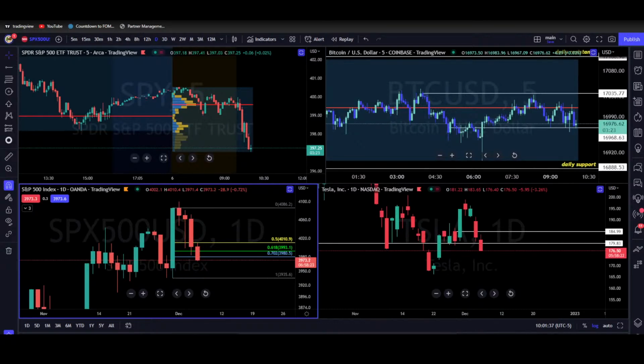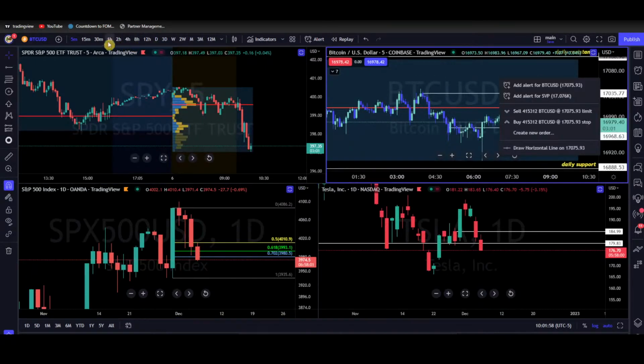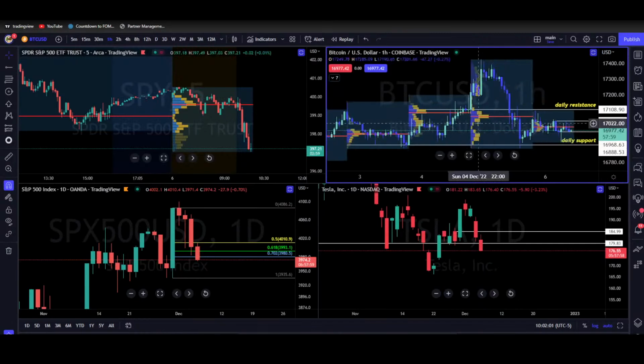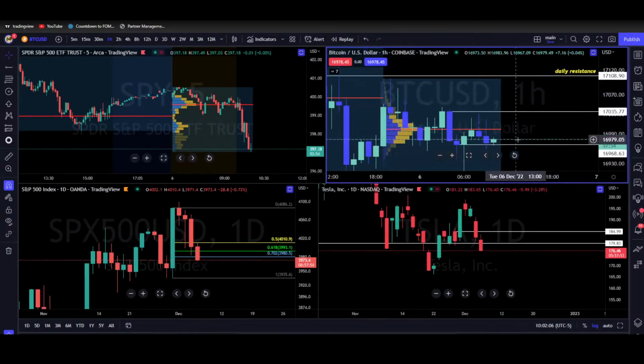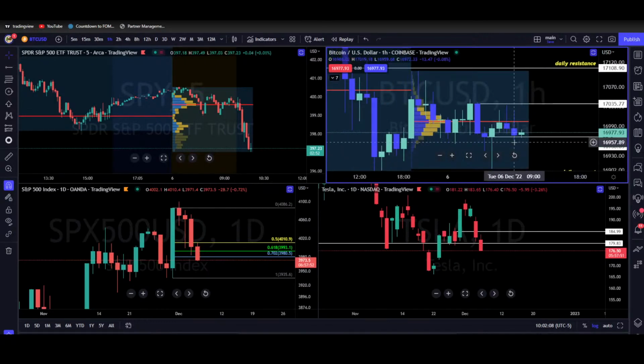What was the risk to reward on the Bitcoin trade you just took? The risk to reward was one. Well, I was looking for 2 to 1. My current stop loss is under that bearish hourly candle. I technically had a 2 to 1 on that, but I didn't take it because I was looking for it to get to the profit target. But the risk is right under that wick.